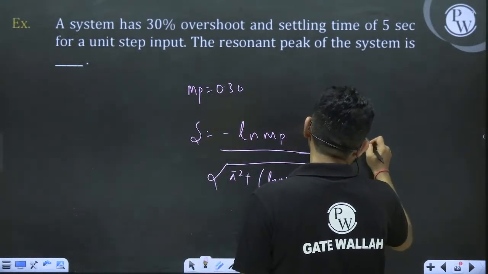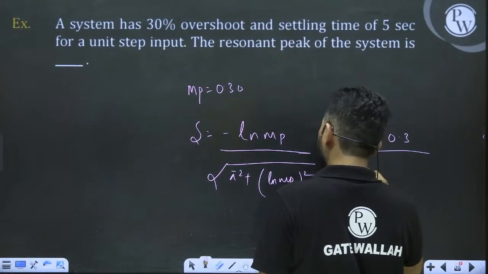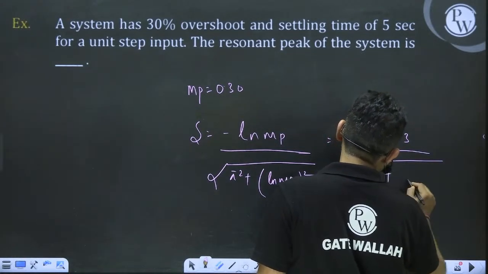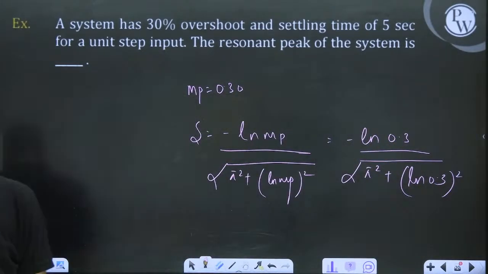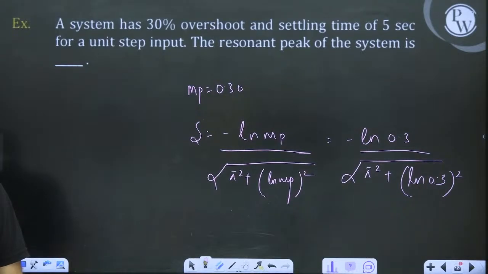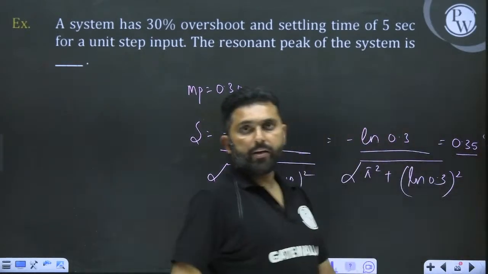So it is minus ln of 0.30, 30 by 100, 0.3, divided by root pi square plus ln 0.3 whole square. So how much? 0.35 is the zeta.